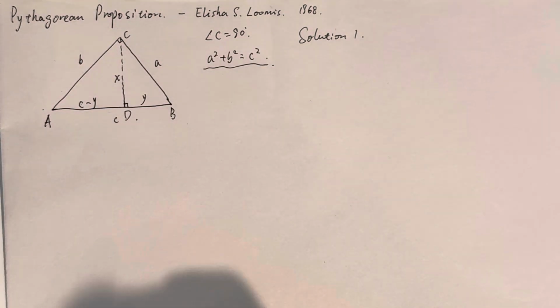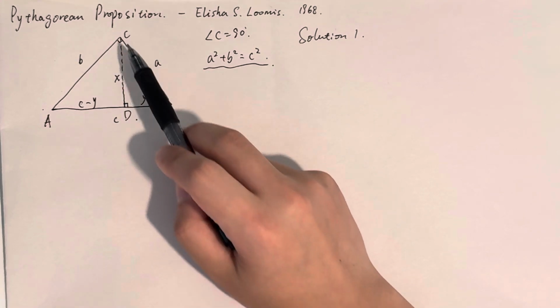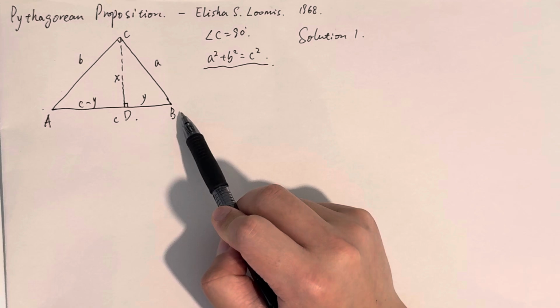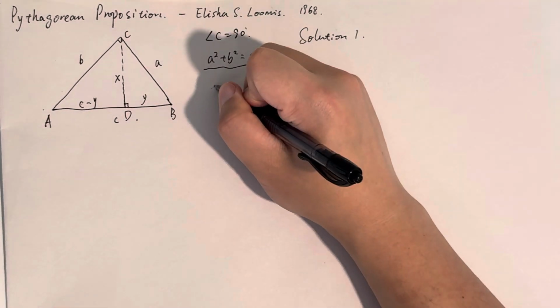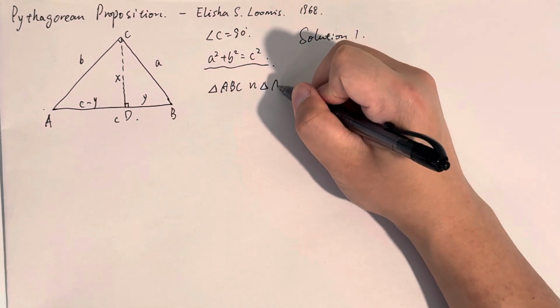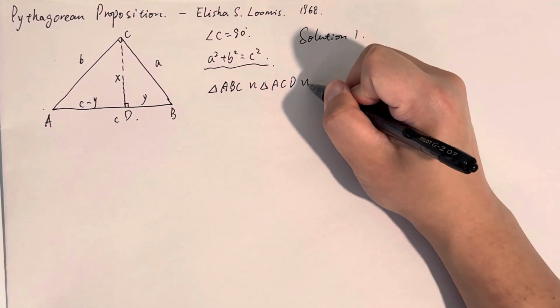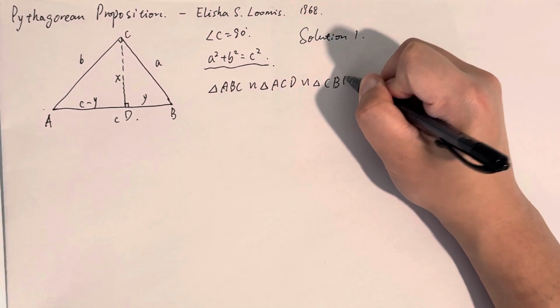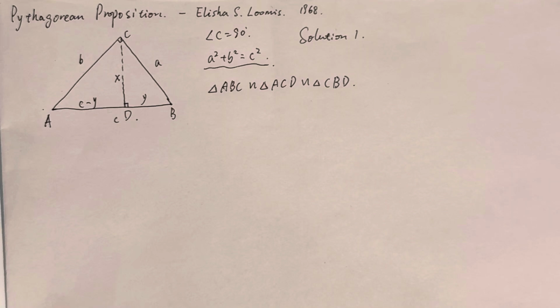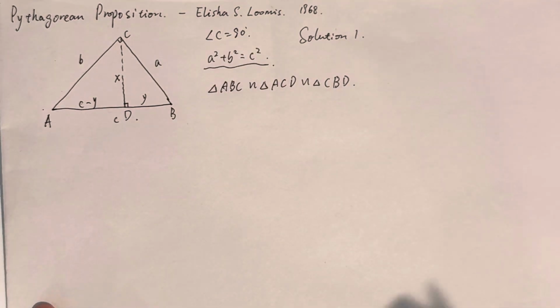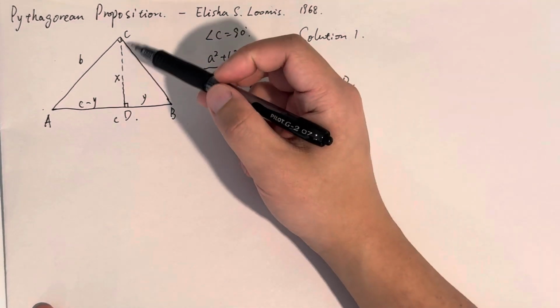right? And because angle CDB equals angle CDA equals 90 degrees, and because angle ACB equals 90 degrees, that means triangle ABC is similar to triangle ACD and similar to triangle CBD, right? And based on this, we have several different ways to do it, but I'll just write the simplest one.